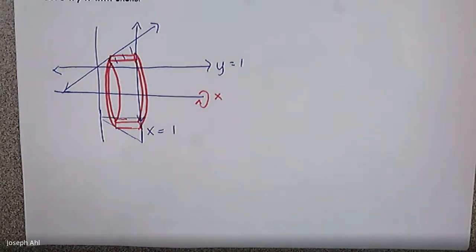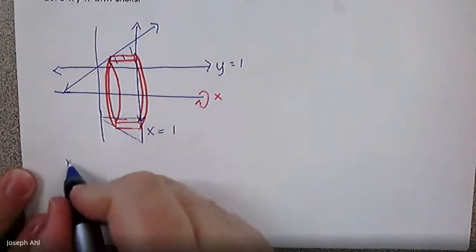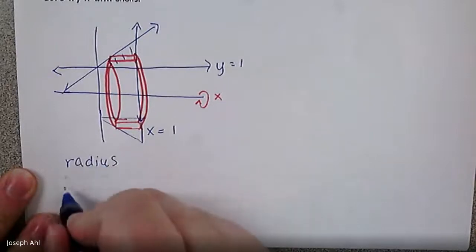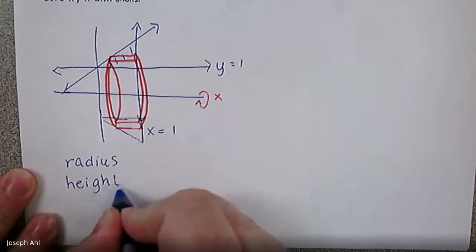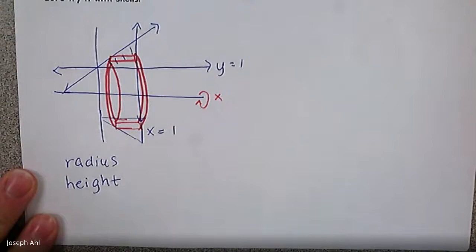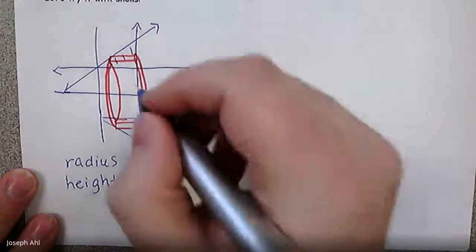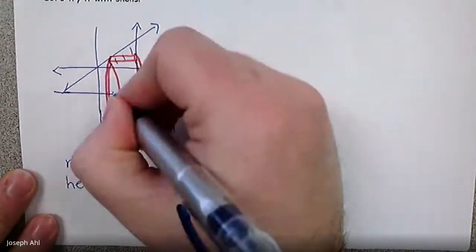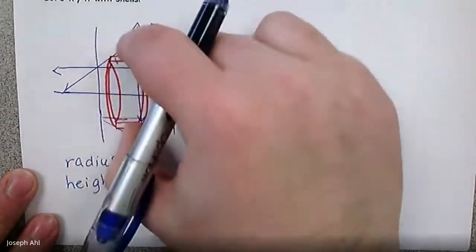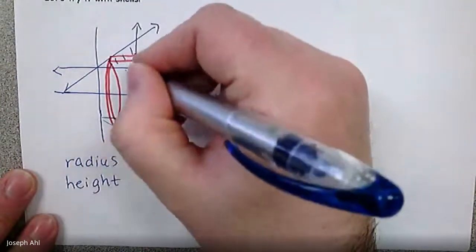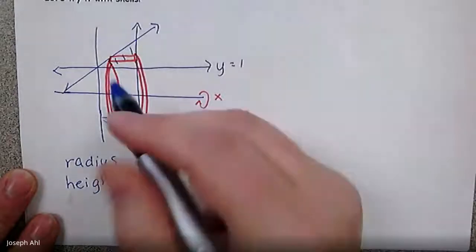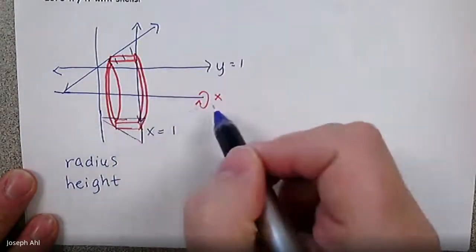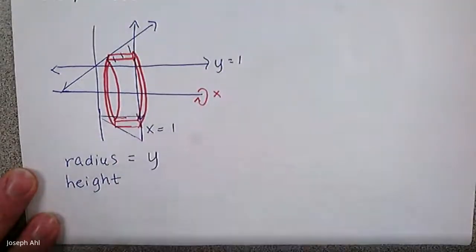So right underneath this, I'm going to write radius, and I'm going to write the height. Okay. So what's the radius? The radius, like I mentioned in the other shell that we did, at any given moment, if I were to draw a shell, the radius is just the value of y. Okay. It's just going to be the height above the x-axis. So the radius in general is y.